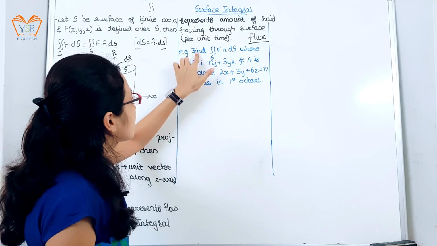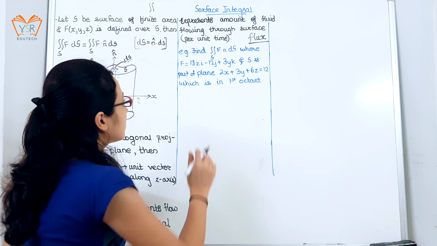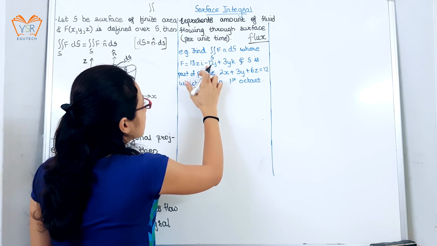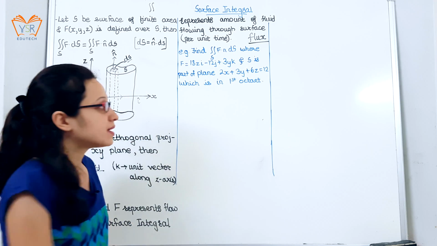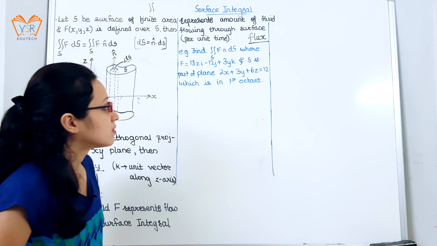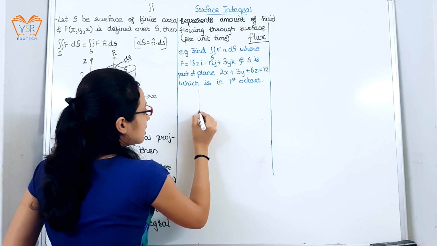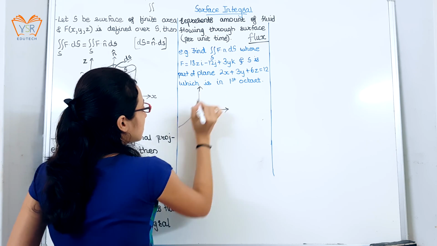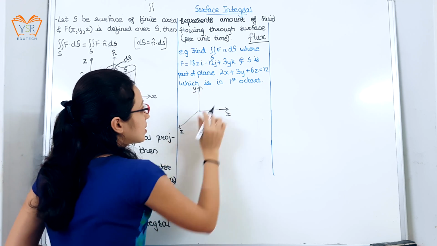Let us understand the concept of surface integral through one example. First example, find the integral over surface S of f dot n dS, where f is a vector point function. It is 18z i minus 12 j plus 3y k and S is the part of the plane 2x plus 3y plus 6z is equal to 12, which is in the first octant. We'll first represent the plane and find out the coordinates for x, y, z from this equation.